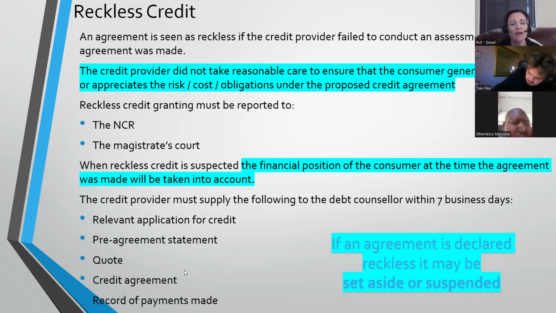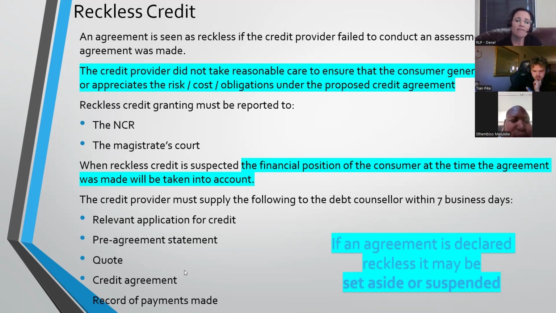Okay. So when reckless credit is suspected, the financial position of the consumer at the time the agreement was made will be taken into account. So what they're saying here is that if this consumer is a victim of reckless lending, the debt counselor will try to investigate the scenario.